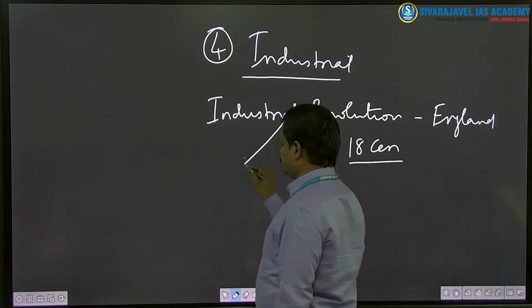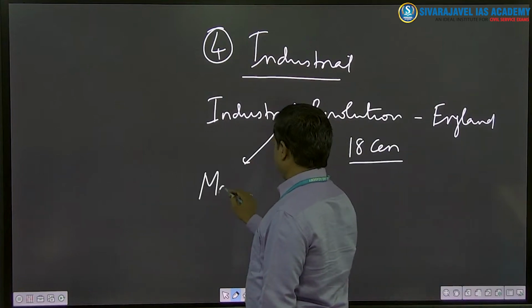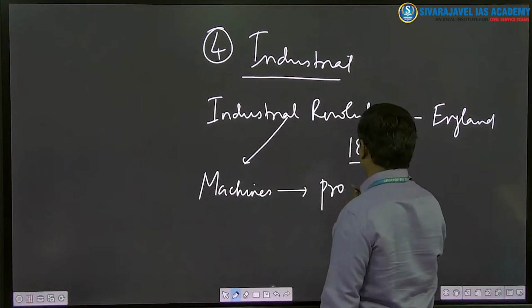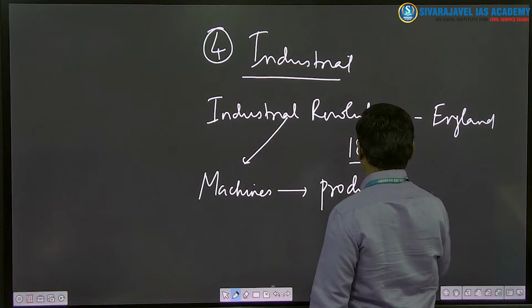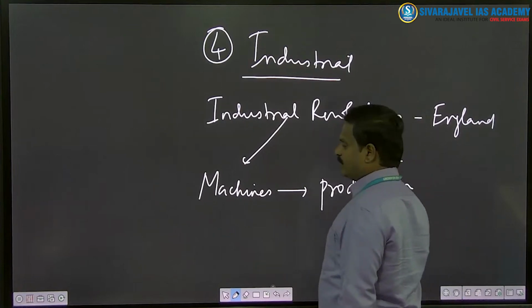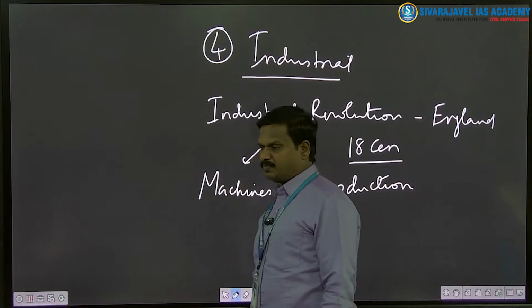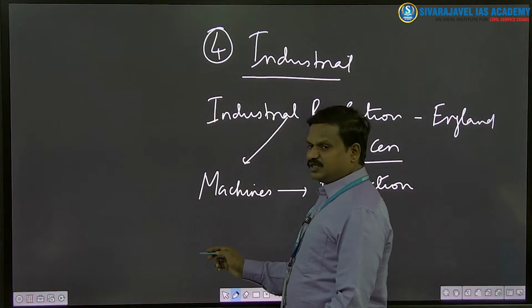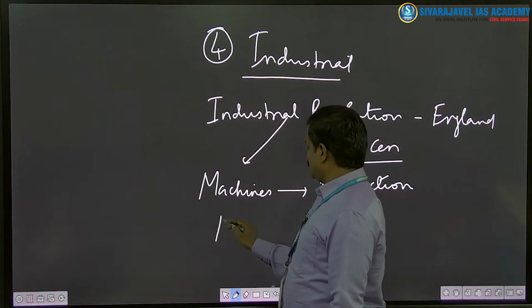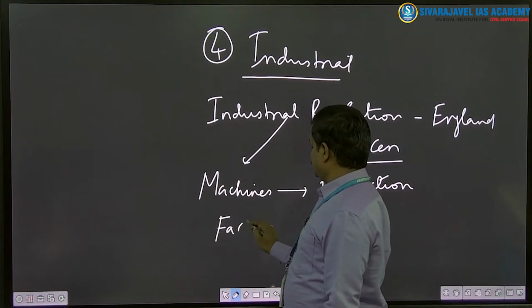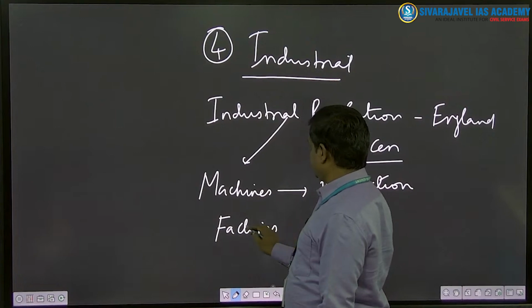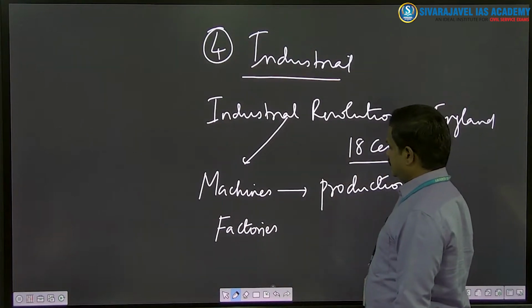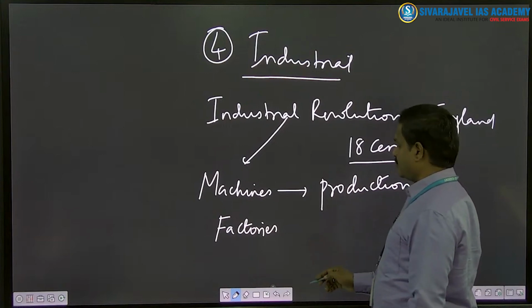Industrial revolution means machines were used for production. So man-made production is replaced by machine-made production. You can't have machines in your house. So factories are created where machines are producing the products. So this is called the factory system of production.